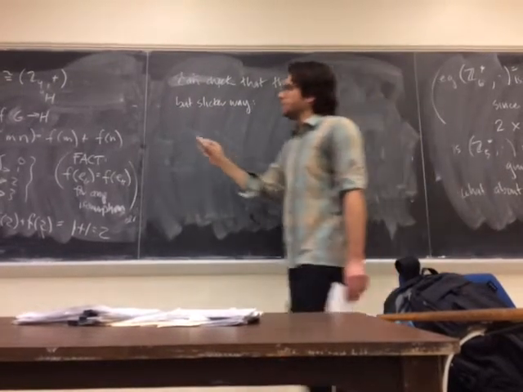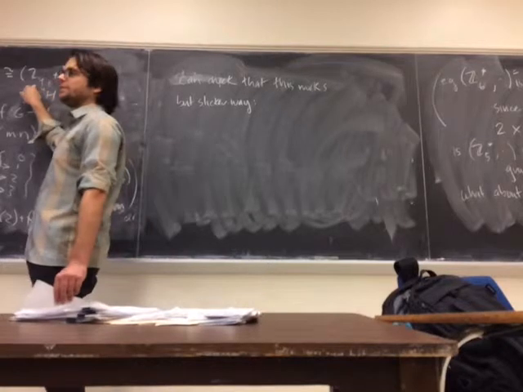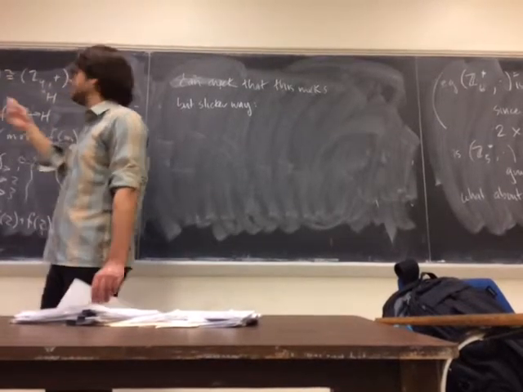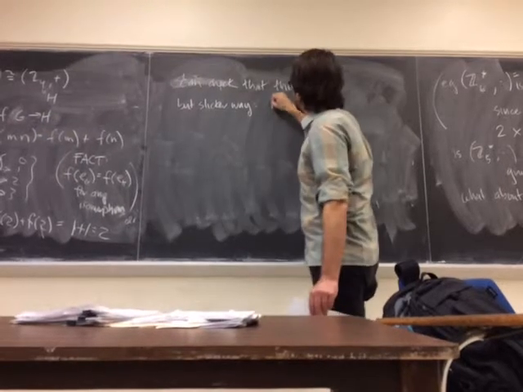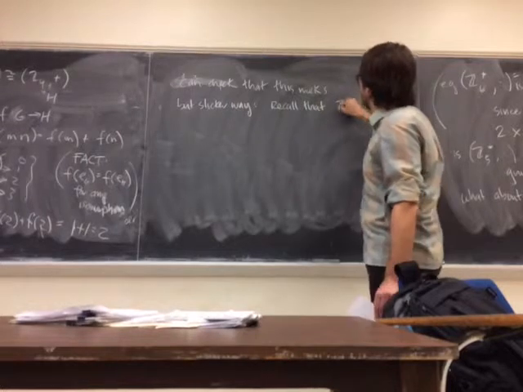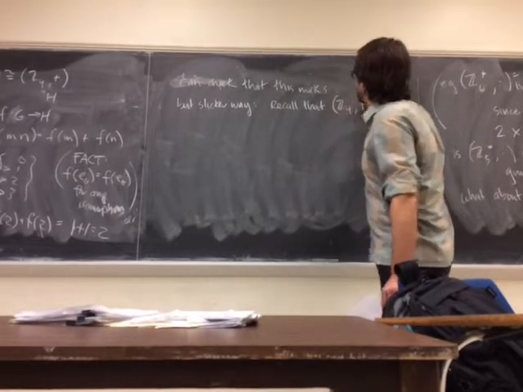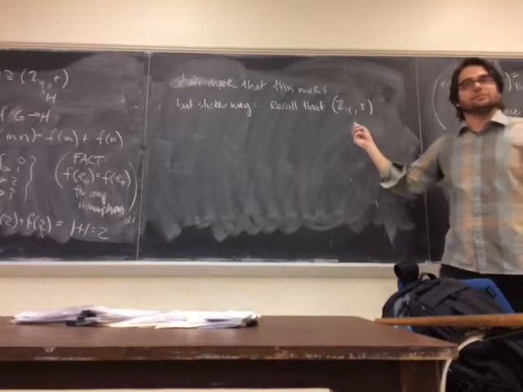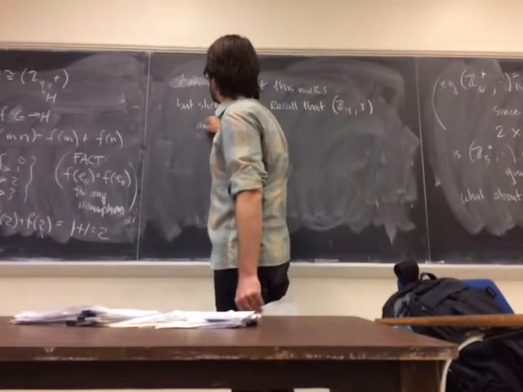What do you guys know about Z4? It's an abelian group, but it's more than that. It's a cyclic group, right? Recall that Z4 is cyclic. And the other thing we know is that all cyclic groups of order 4 are isomorphic to it. This is from last time, right?